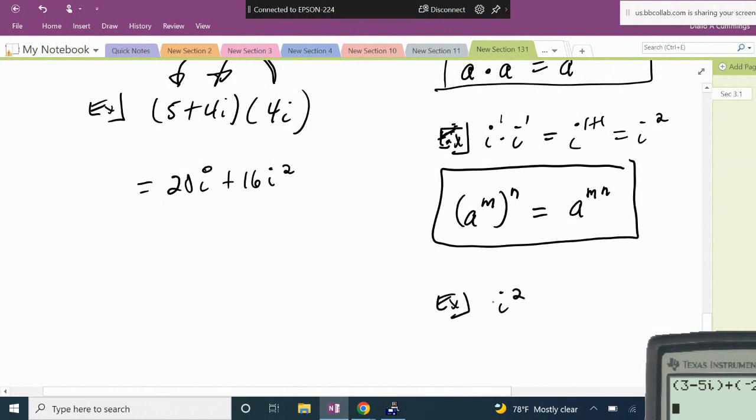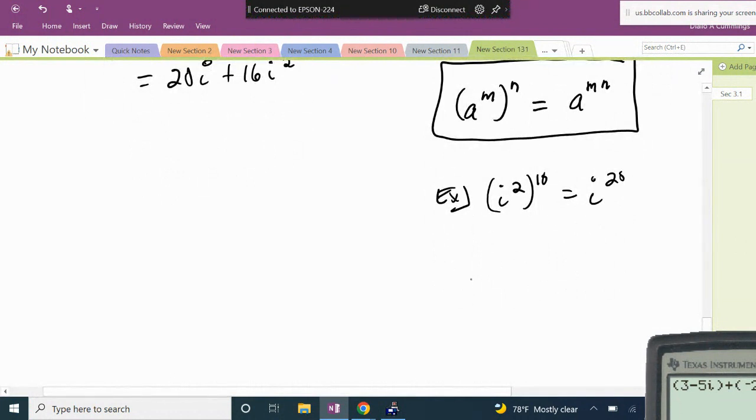So here's an example. i squared to the 10th power. Right, I would multiply 2 times 10, so that would give me i to the 20th power. And keep in mind in fact that i squared is equal to -1.